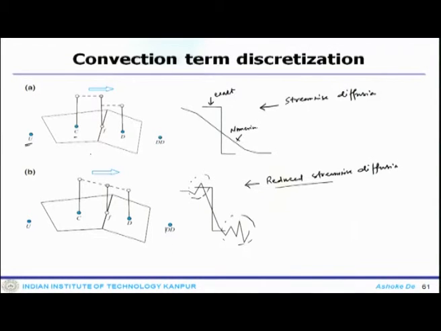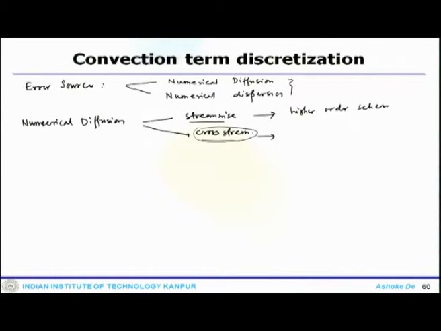So, the cross stream diffusion is actually caused by the one dimensional nature of the assumed profile, and it can be reduced either by interpolating the profile along the direction of flow, or by using a higher order interpolation profile or scheme.